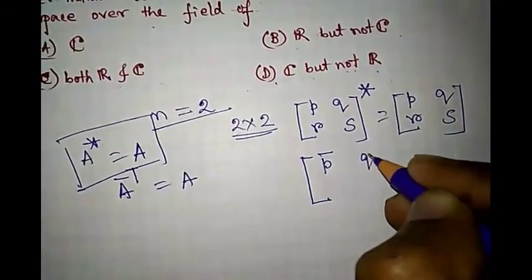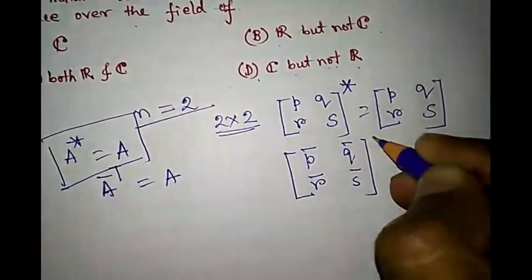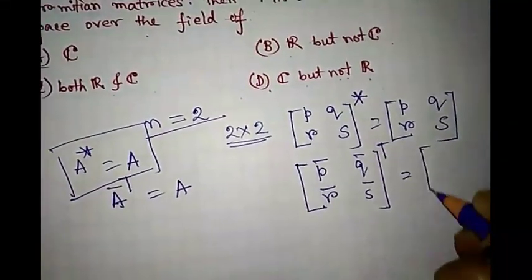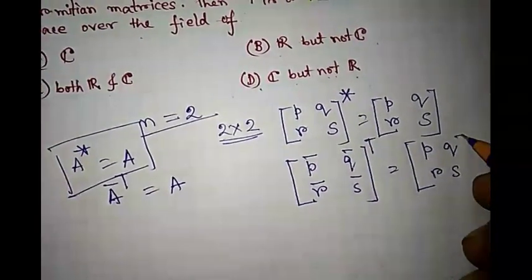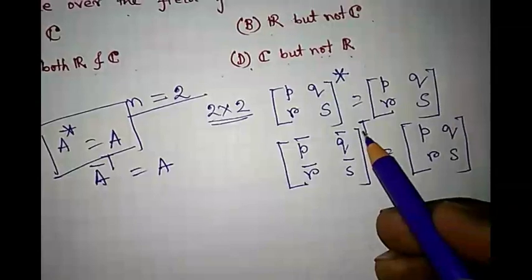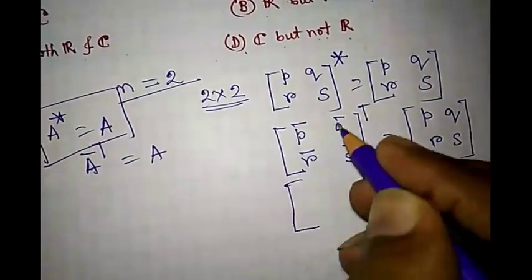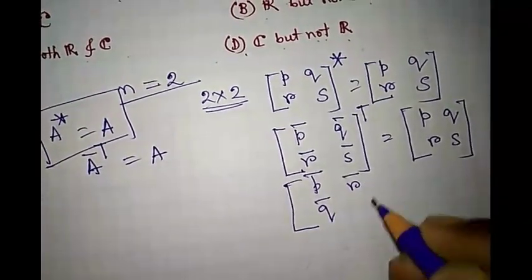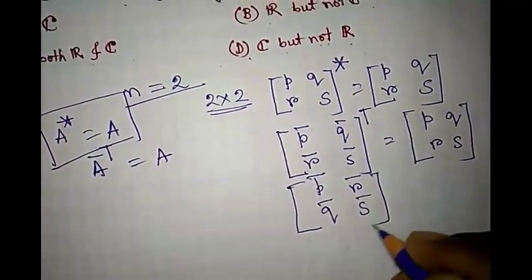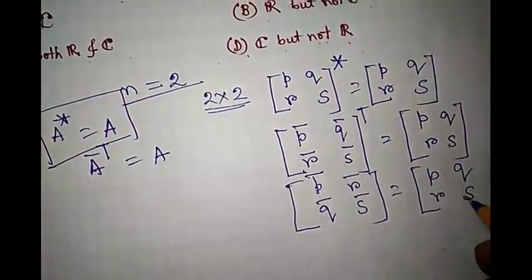P bar, Q bar, R bar, S bar, then transpose. This will be equal to P, Q, R, S. Now we take the transpose, and then we have P bar, R bar, Q bar, S bar, which is equal to P, Q, R, S.